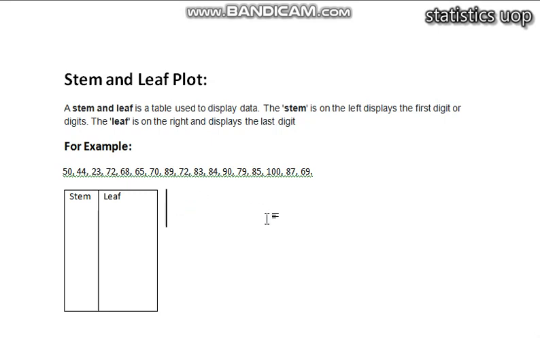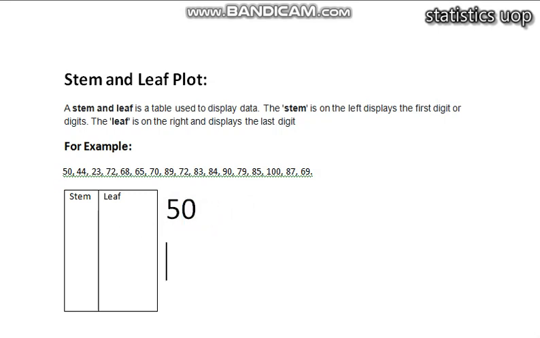For this, look at this value, 50. The last digit, that is 0, is our leaf, and this 5 is our stem.